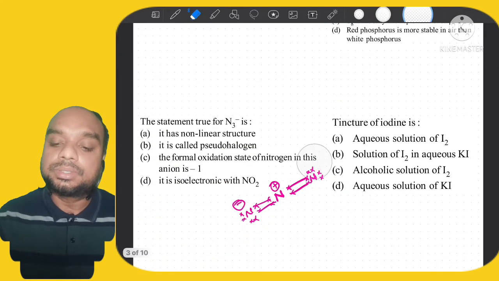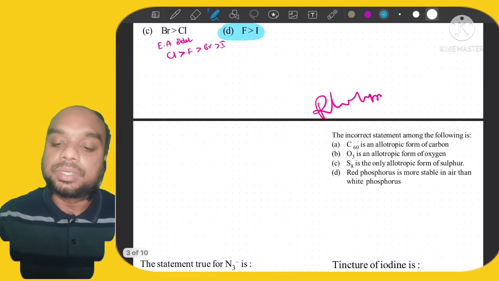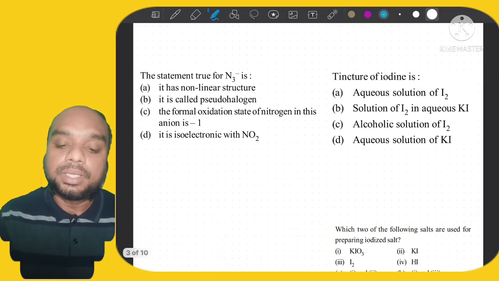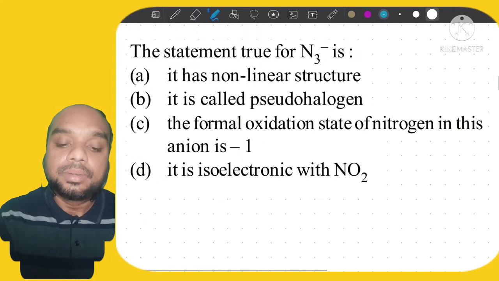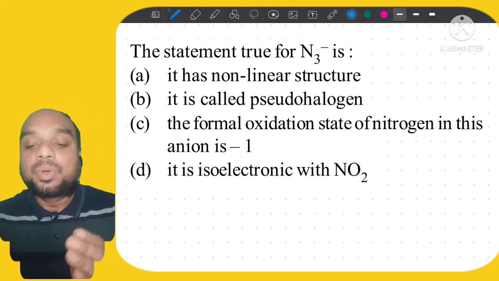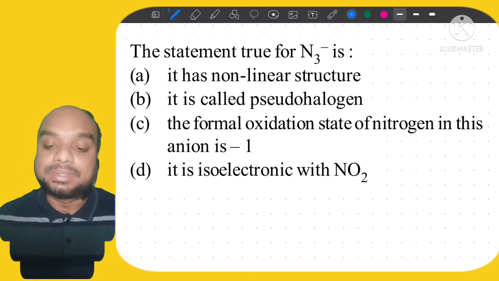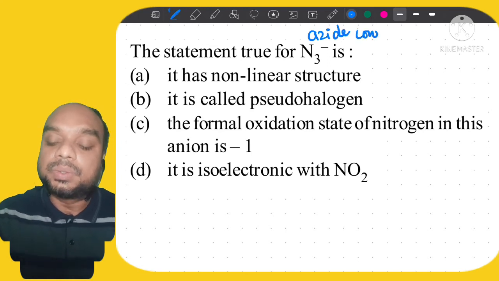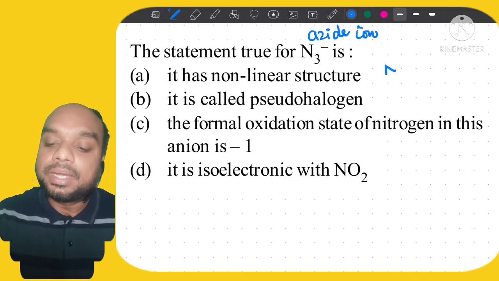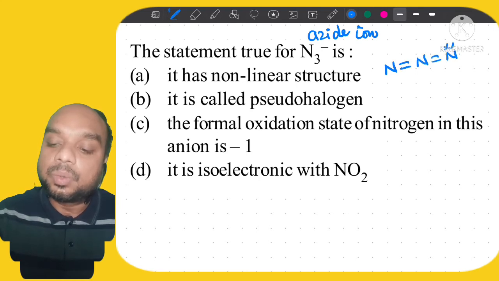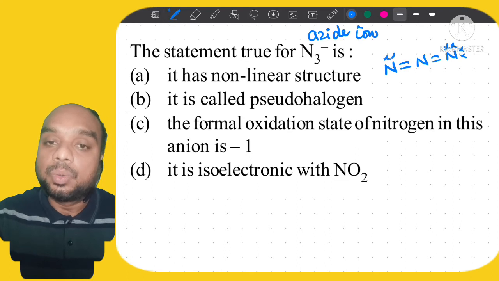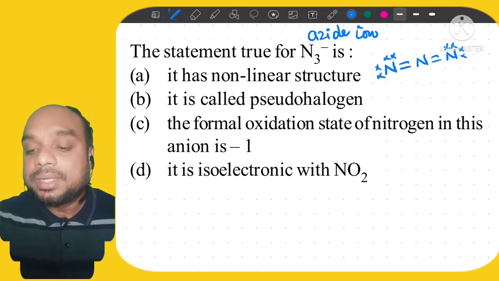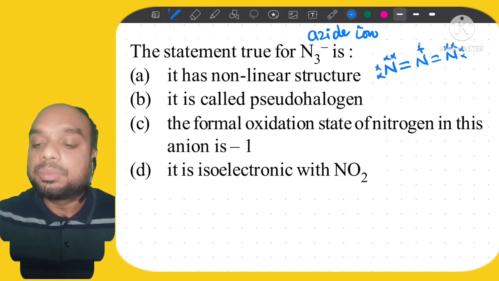Okay, next question. The true statement about the N3 minus ion. N3 minus is the azide ion. In this structure, N double bond N double bond N, here two lone pairs, here also two lone pairs, and the negative charge is due to the presence of an extra electron.